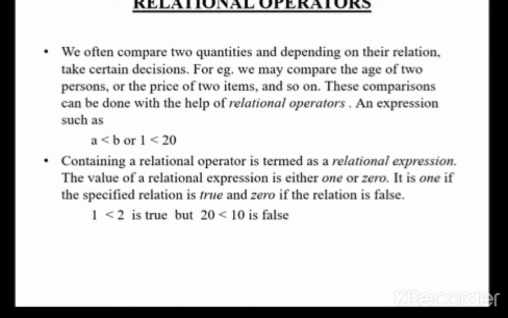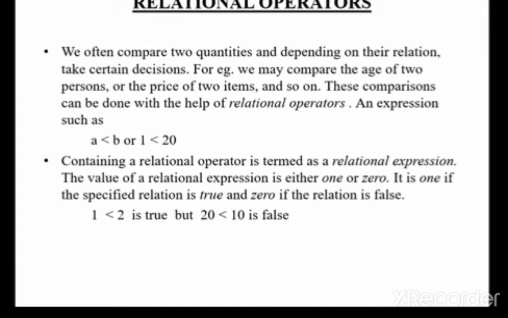So when the result depends on the comparison of two quantities, in that case we use a relational operator. The expression containing the relational operator is termed a relational expression.